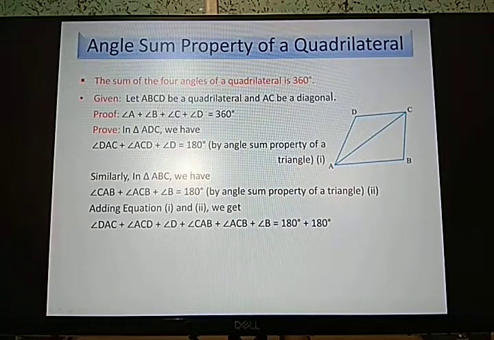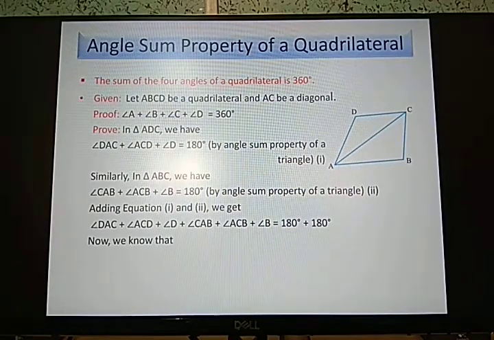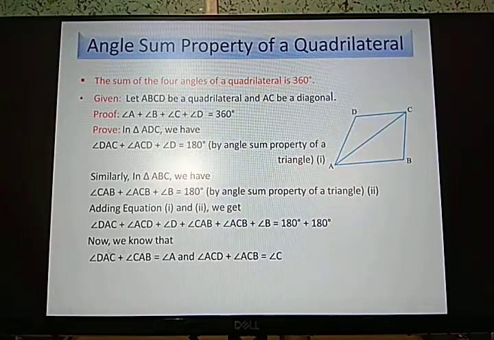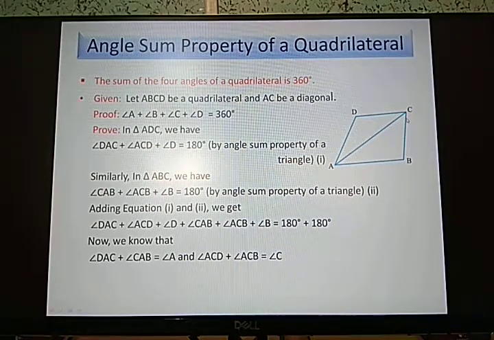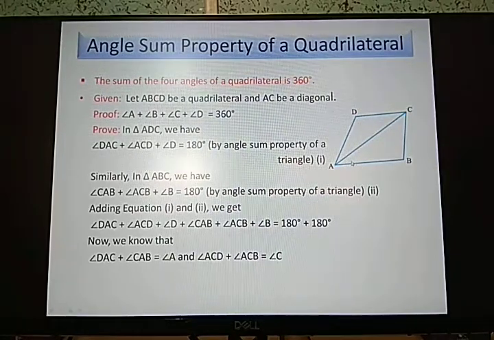Now we have to arrange these angles so that we get what is required. We will arrange them in this order. If you see carefully, angle DAC plus angle CAB forms angle A. So angle A is divided into these two angles.